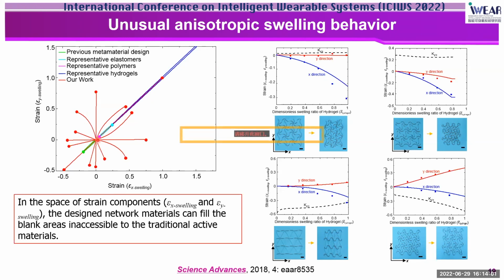The well-synthesized hydrogels can offer linear strain beyond 200%, but typically in an isotropic manner. Professor Katia Bertoldi's group at Harvard developed an architected material that can achieve around 20% isotropic negative swelling. So there are still many blank areas in the strain space. The network design proposed here can fill those blank areas inaccessible to the traditional active materials.